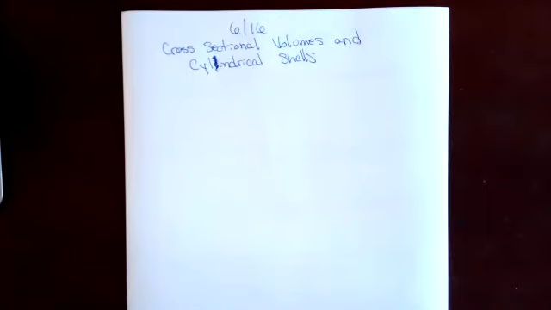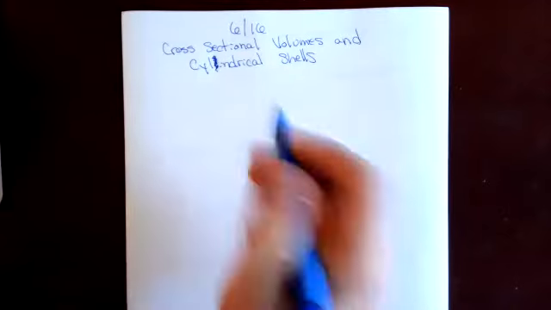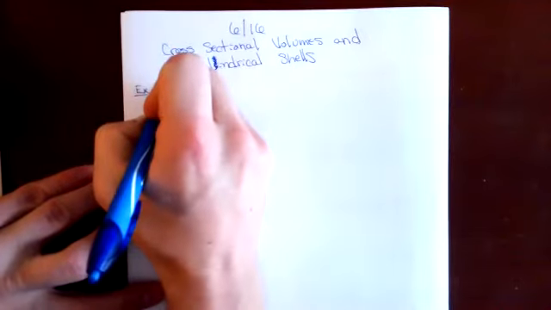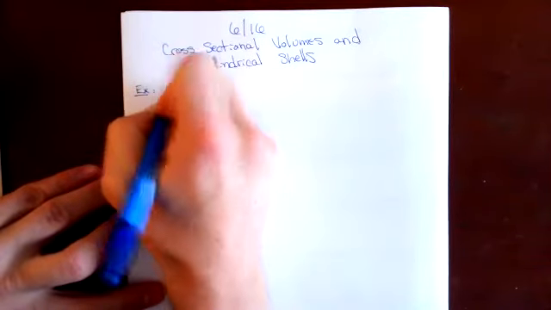Okay, so cross-sectional volumes and cylindrical shells. So cross sections, let's try to find the volume of a pyramid.